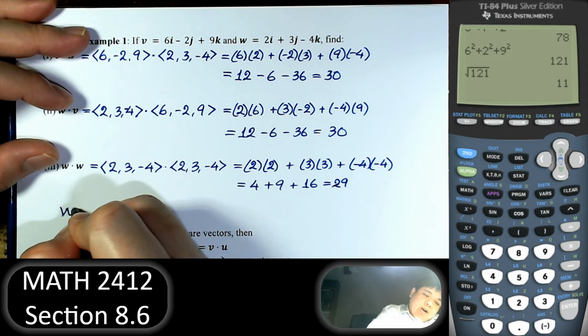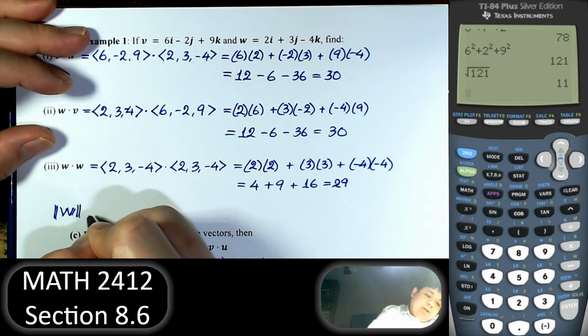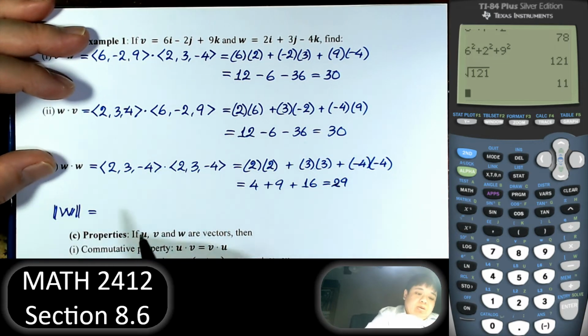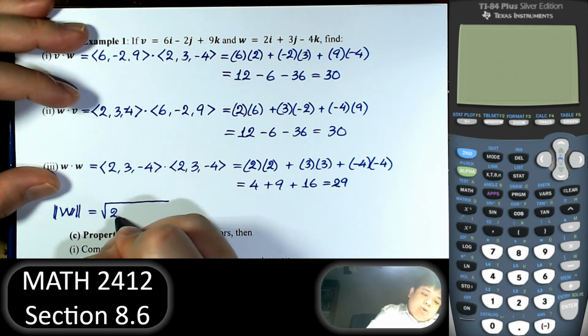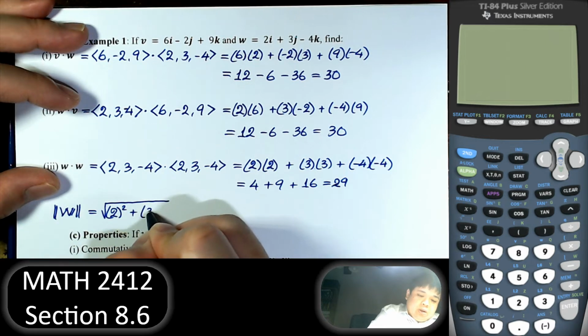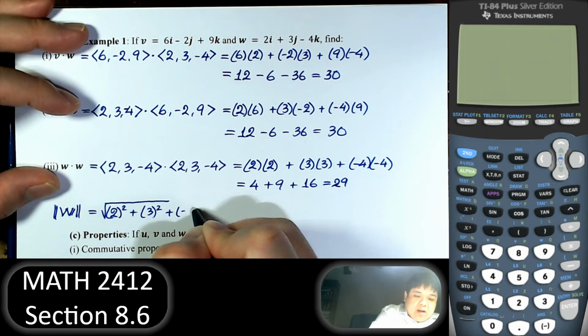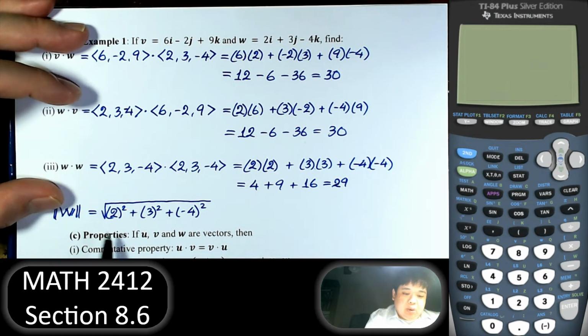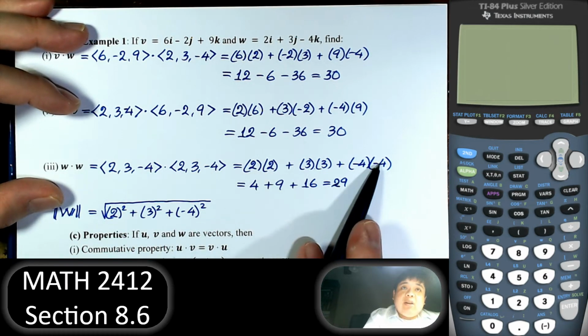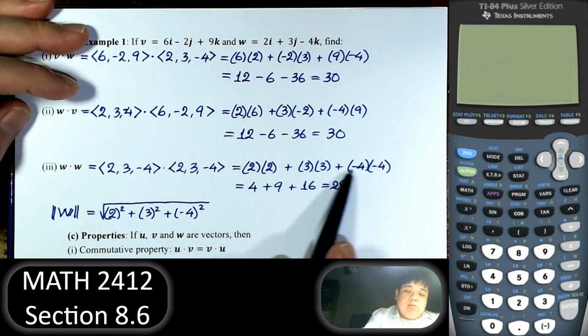Notice that if we write the magnitude of W, where W is 2, 3, negative 4, we have 2 squared plus 3 squared plus negative 4 squared. So this is the magnitude of vector W, and this is pretty much the same thing, except this one has no square root.